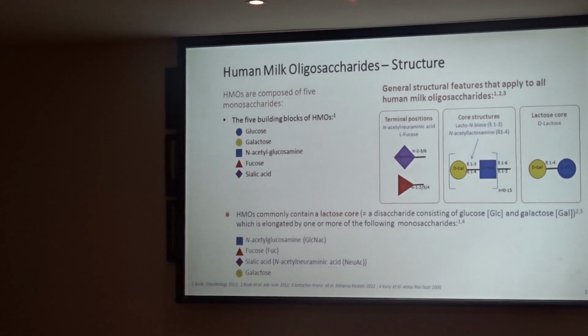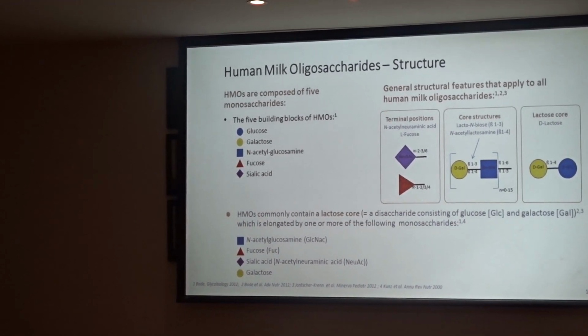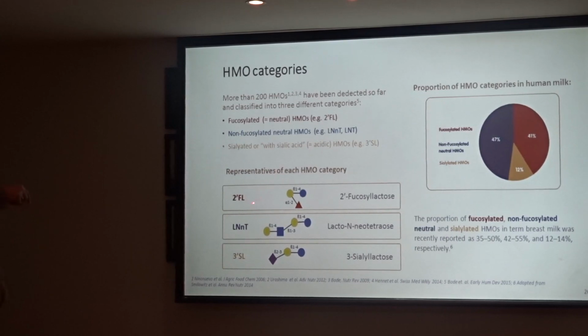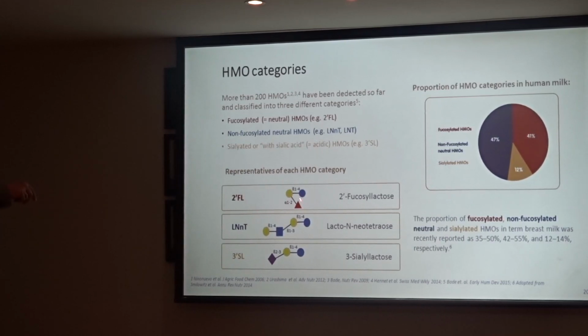So we'll see here, in the next slide, if fucose is attached, we call it a fucosylated oligosaccharide, and it represents 41% of the human milk oligosaccharides. If the fucose is not attached, it's called non-fucosylated and represents 47%.